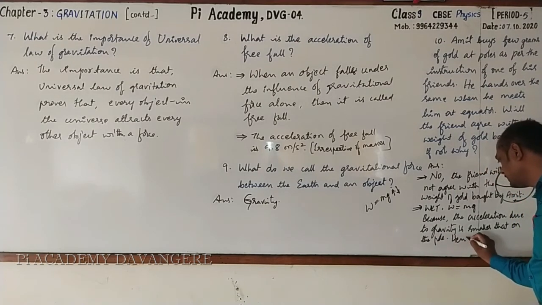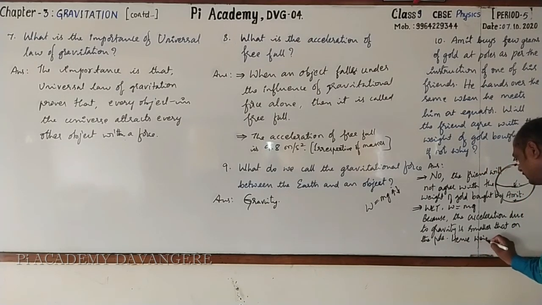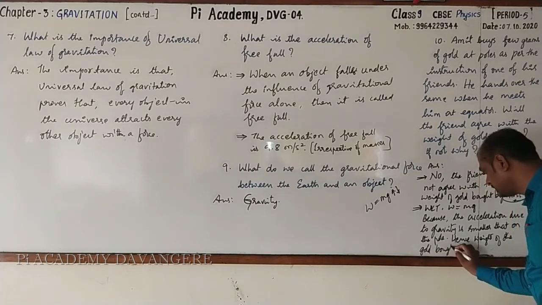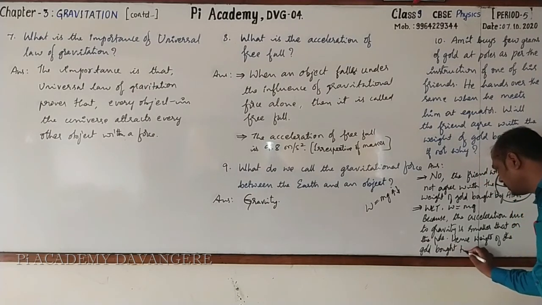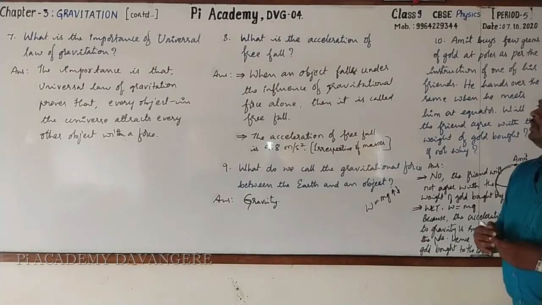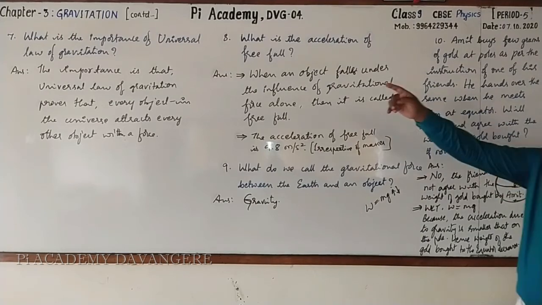Hence, weight of the gold bought to the equator decreases. Clear? Okay, please go for copying from there to here.